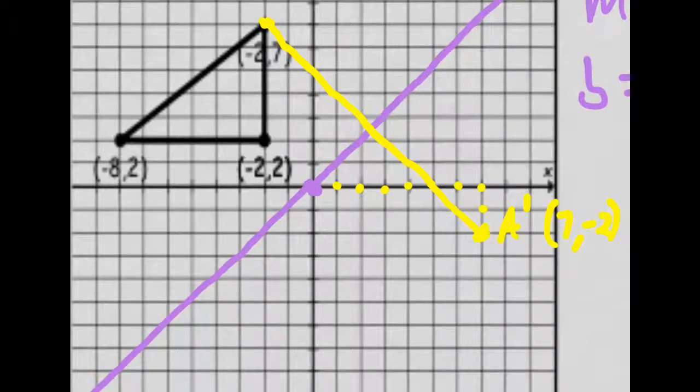You got it. 1, 2, 1, 2. So now our point is 2, negative 2. So B prime is 2, negative 2. And C, 1, 2, 3, 4, 5. Yep.